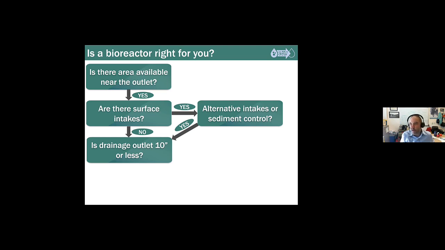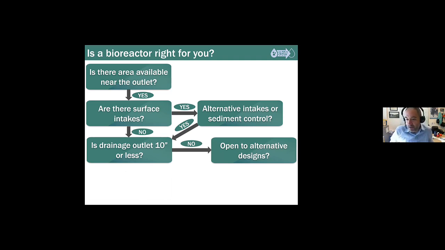Although 10-inch tile isn't necessarily drainage district scale, it could be a big field, but it may not be as conducive for the bioreactor, or we have to do more with the engineering and design. But if it's less than 10 inches, then we can ask about that bioreactor and work with some of the local professionals. If not, then would you be open to alternative designs?